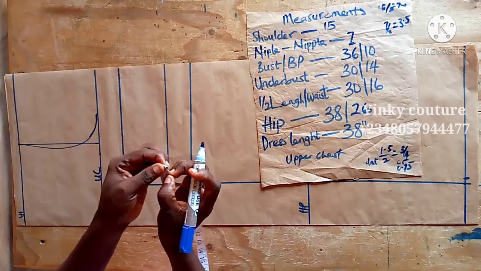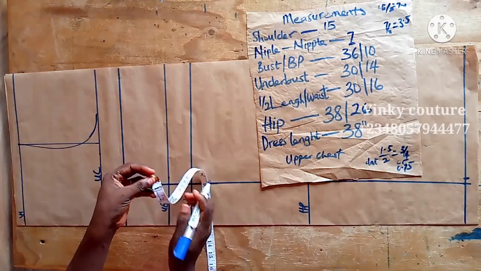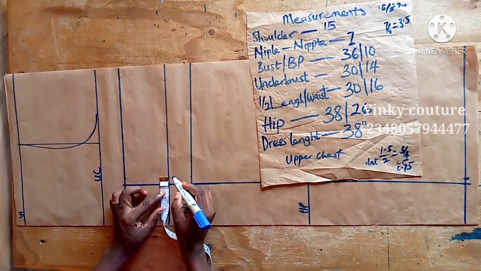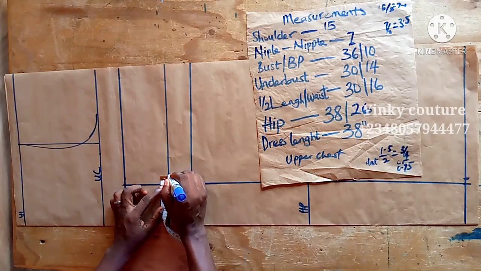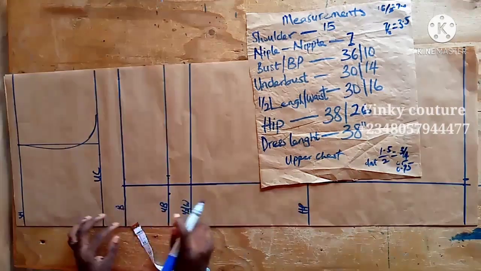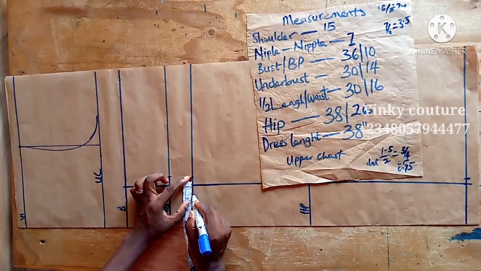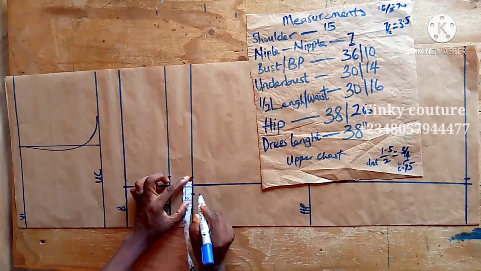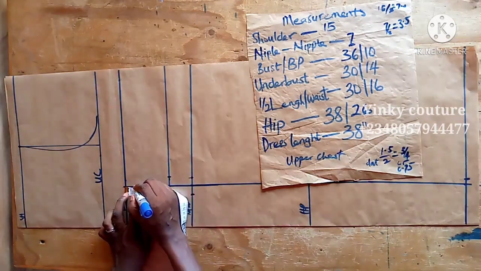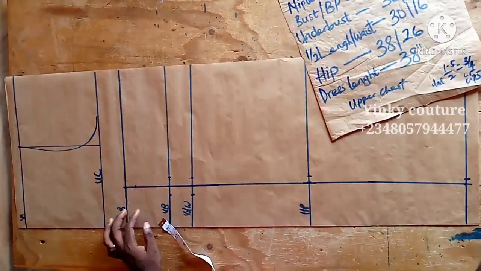If it's difficult for you to divide 1.5, dividing it on your tape measure will be easier. 1.5 has been divided on my tape measure, so I'll be able to place it like so. I'll centralize the point that is in the middle, then take the measurement like so. You can see the way I placed it. I just divided my tape measure on 1.5 into 2, and I took the measurement on either side of the straight line that I took. That is the dart leg.